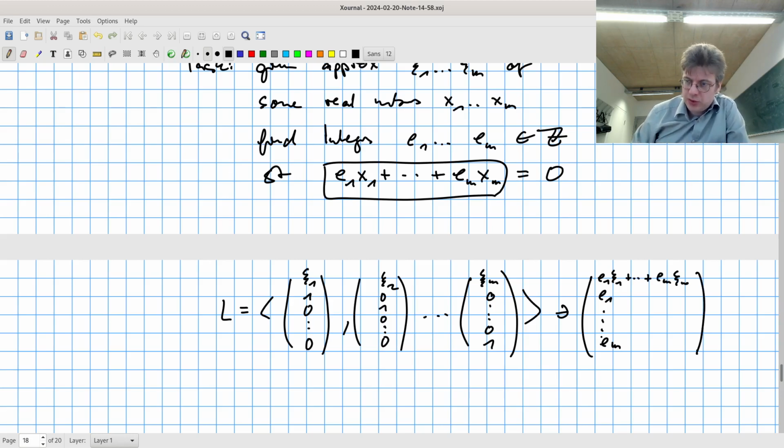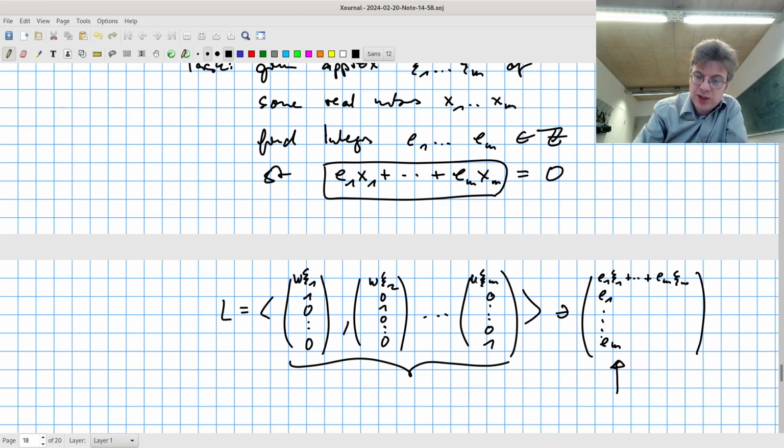And now LLL doesn't know that this is the vector that you want, unless we tell it to prefer this one over these ones. And in order to do this, we use again the same trick with this W. So we attach here a W, and that makes these vectors long, and it also introduces the W here.